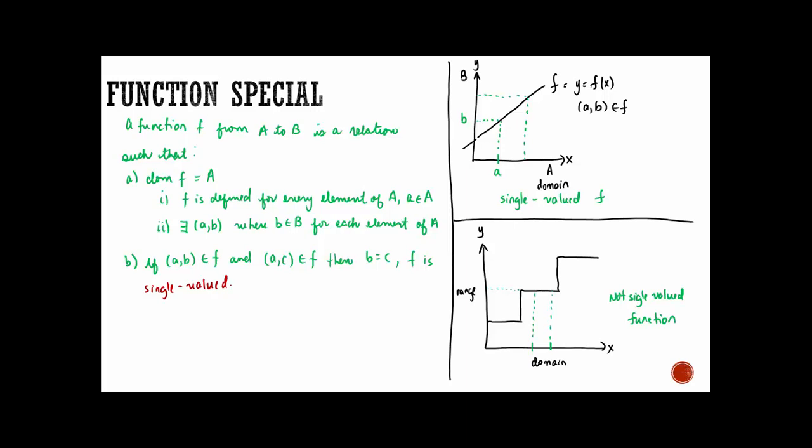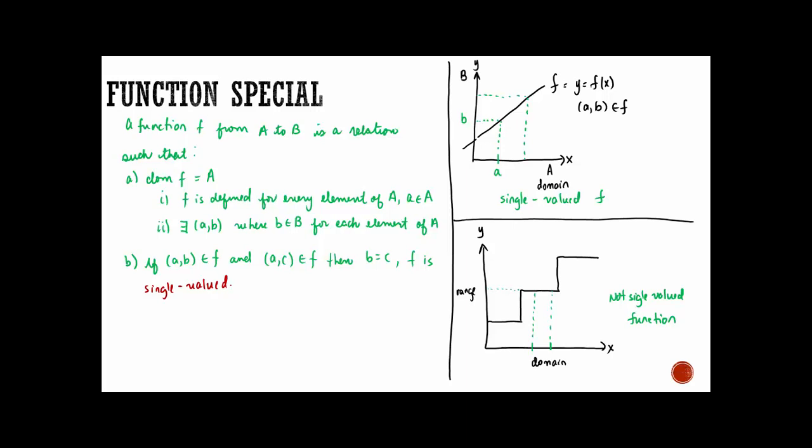Okay, so for a function f from A to B is a relation such that satisfies these two conditions. Okay, in these two examples, this is a single value function that is satisfying these conditions, so that is a relation.